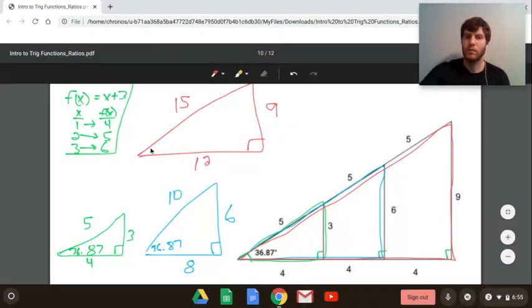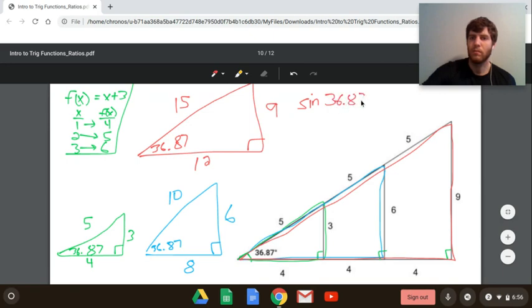Okay, and again, our angle here is 36.87. Okay, so the sine of the angle, so let's take the sine of 36.87. Okay, that's the input into our function, because remember, this is a function.